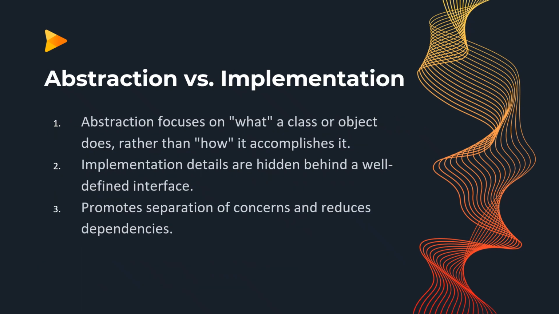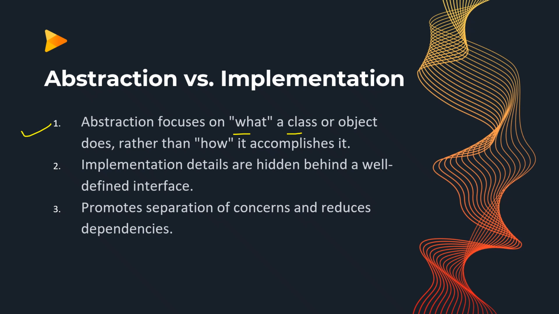Now we are going to see the difference between abstraction and implementation. So what is the difference between abstraction and implementation? Abstraction focuses on what a class or object does, rather than how it does it. Like when you drive a car, you focus on how to drive the car.